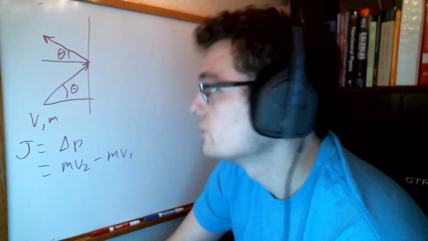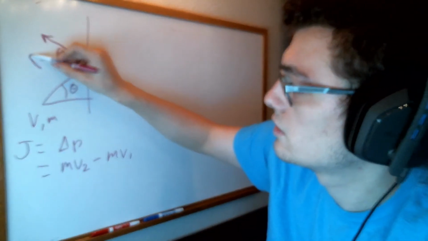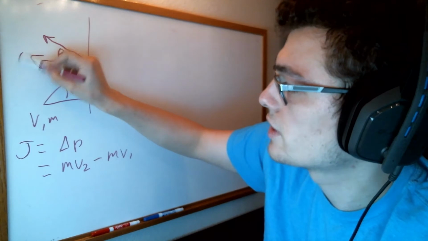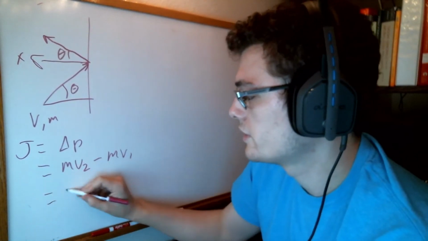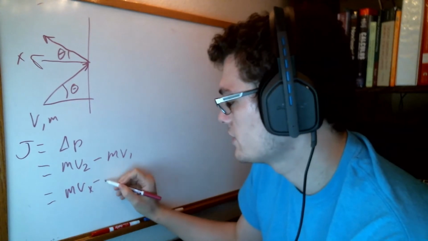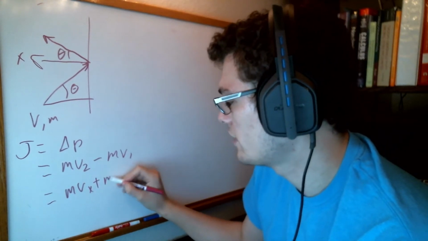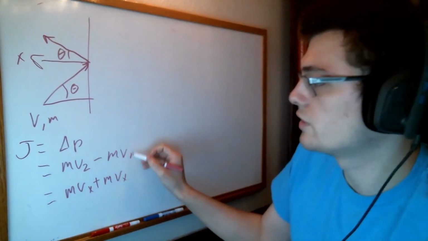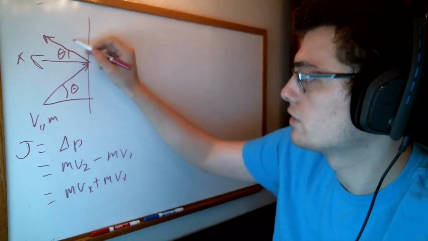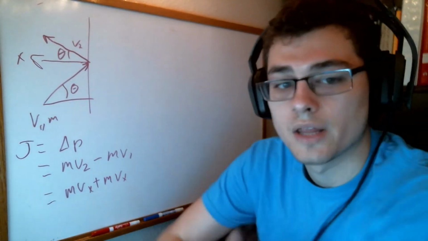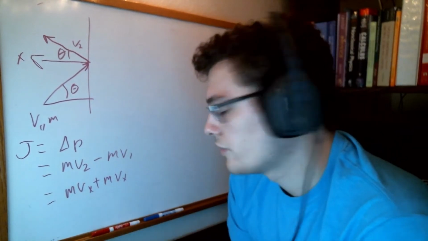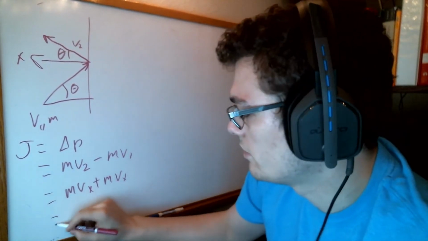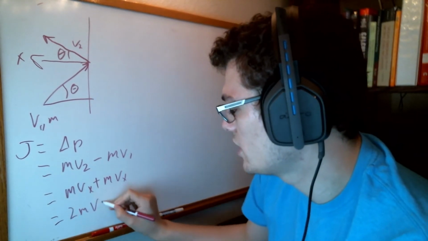And what we can do is define this as the positive x direction instead of the negative one. And so then we can say that this is mvx plus mvx, because this is v1, this is v2. Even though they're the same in magnitude but different in direction, we can say that these are both mvx, and then we can combine them into 2mvx.